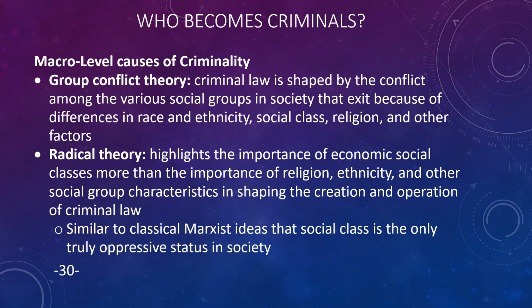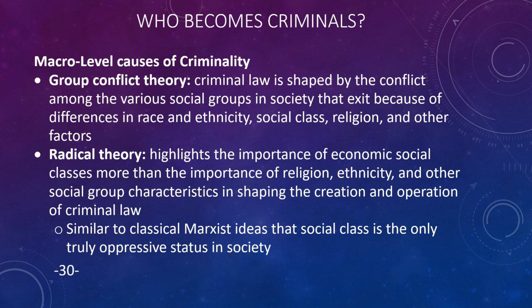Radical theory, then, relating to criminology, highlights the importance of economic and social classes more than the importance of religion and ethnicity and other social group characteristics in shaping the creation and operation of criminal law. So this is actually pretty similar to both classical Marxist theories and group conflict theory.